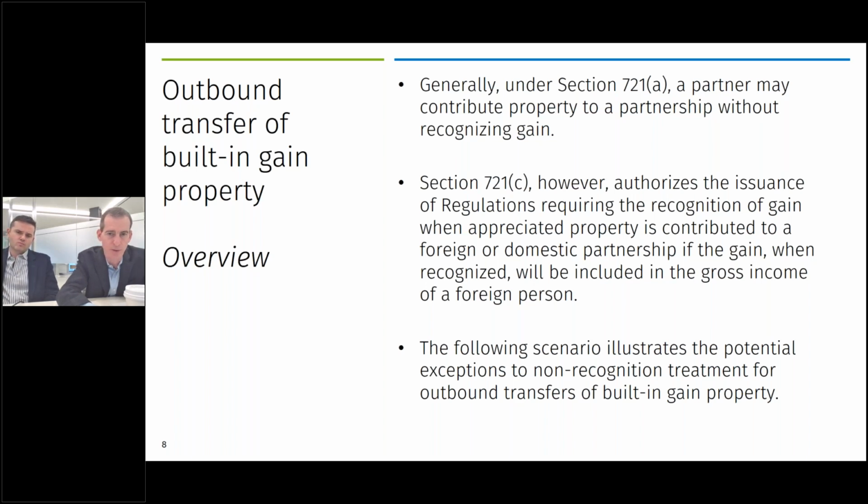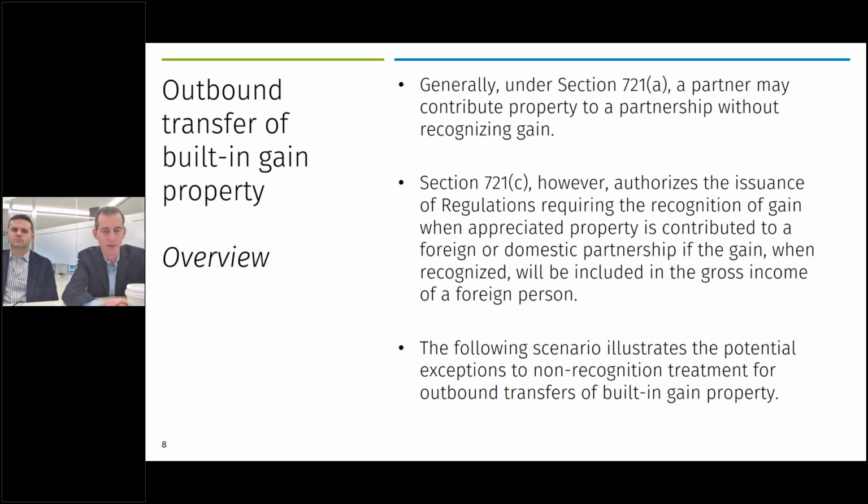What we're going to focus on is a provision that only deals in the international partnership context, and that's section 721(c). That was enacted in 1997. It replaced an excise tax regime under the former section 1491 provisions of the code, but it was enacted in 1997, and it's not a self-executing provision.